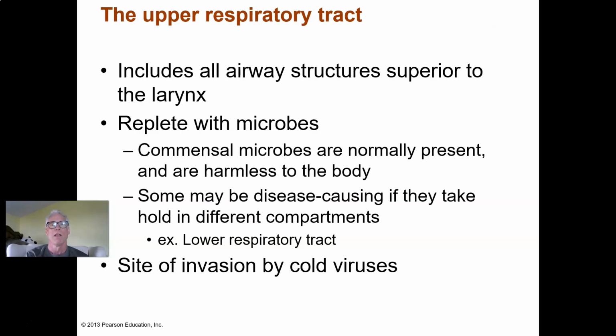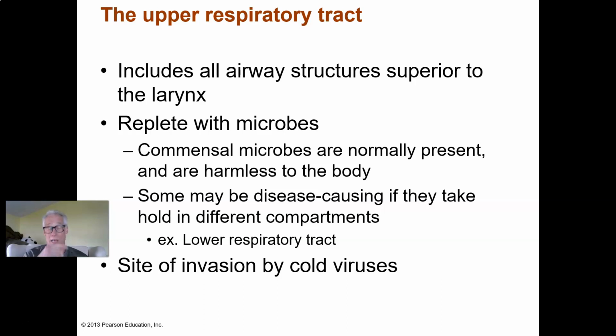All right, the upper respiratory tract includes all the structures superior to the larynx. The larynx, again, is that voice box, that Adam's apple bulge in the anterior of your neck. The upper respiratory tract is the home for many different types of bacteria and fungi. That might seem weird, but that's where a lot of so-called commensal organisms live.